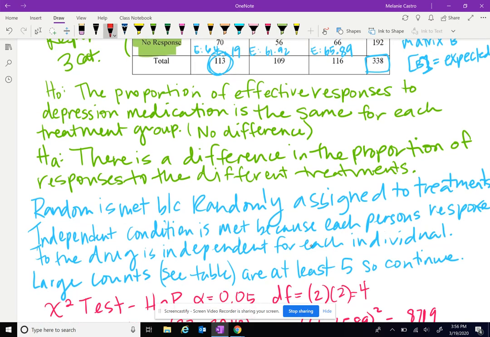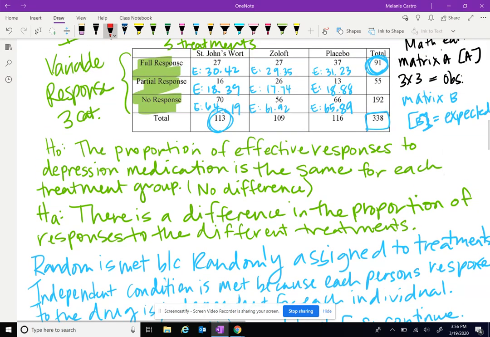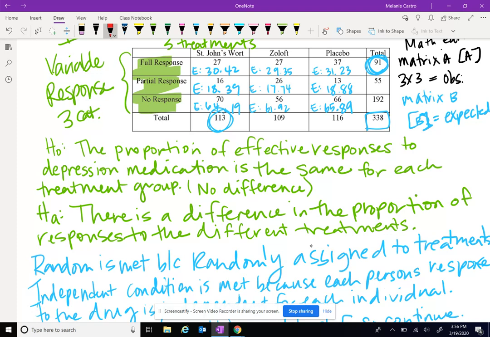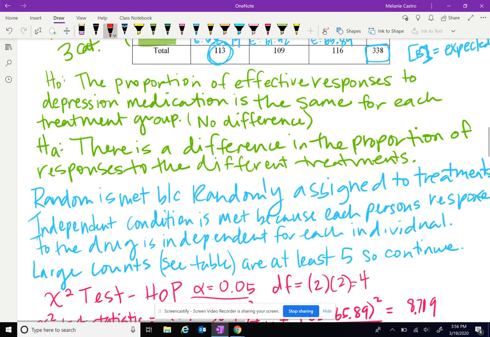And if we fail to reject this, we don't have evidence that there is a difference. So it's like, it doesn't matter if you're taking the all-natural St. John's wort or if you're taking Zoloft or you're taking a placebo. We don't see a different response to that depression.